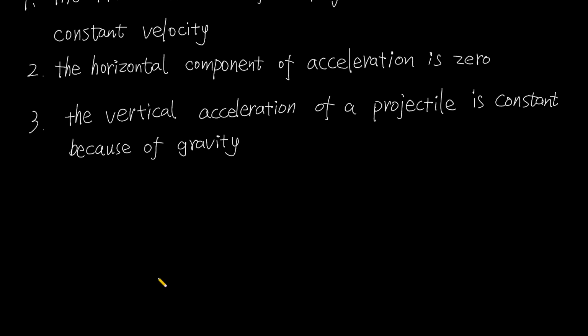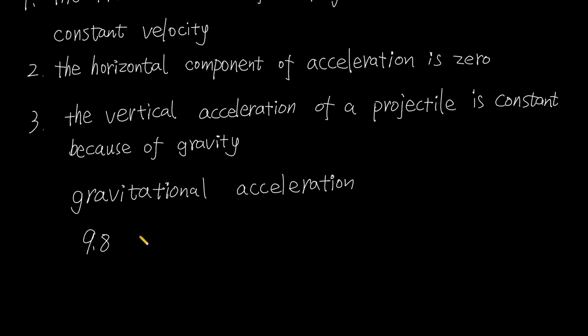In fact, the vertical acceleration is just called gravitational acceleration. And the magnitude of the gravitational acceleration is just 9.8 meters per second squared.